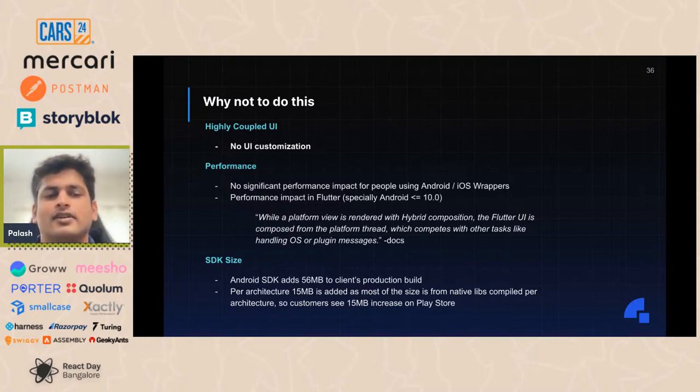The third thing is, of course, the SDK size. Because now you're technically including React Native code, like the native libraries, and those libraries are compiled per architecture, you'll have 4 sets of libraries. So every time we give out a Flutter SDK, it adds 56 MB to the client's production build, and most of it is React Native.